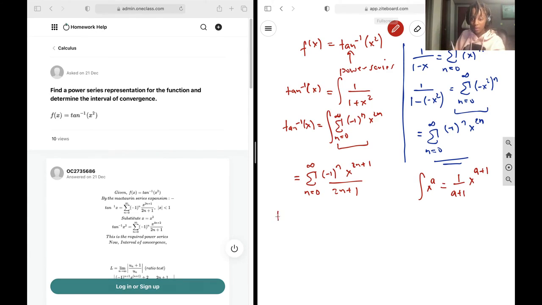Next, if we want the inverse tan of x squared, we're going to have to replace this x with x squared. So that becomes 4n plus 2.